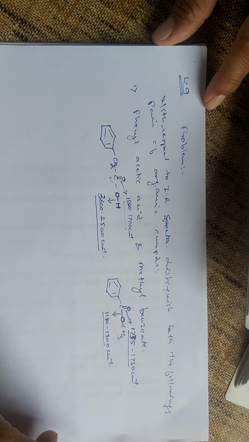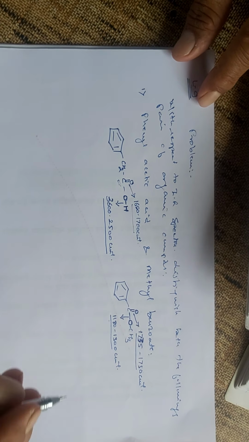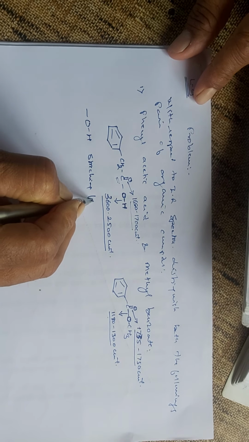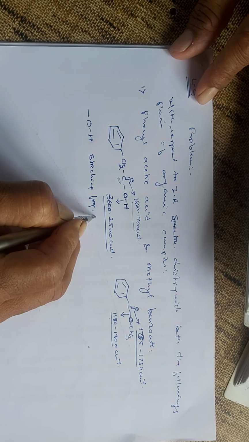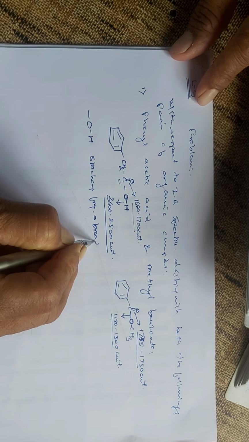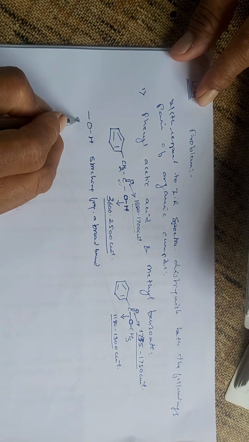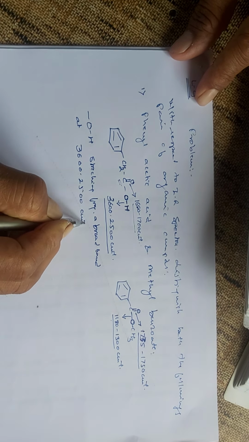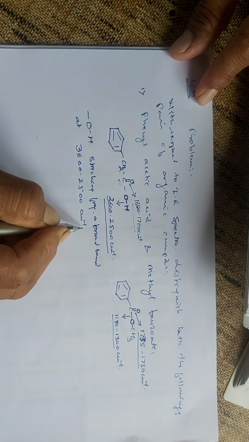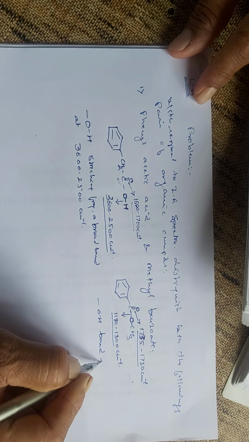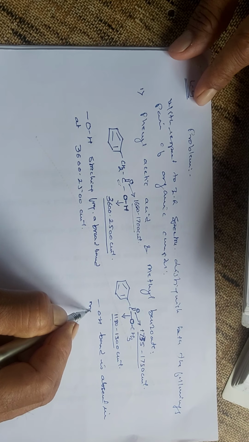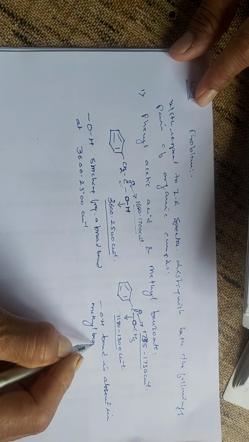So in this way, we must be able to explain the different absorption frequencies. The OH stretching frequency is a broad band at 3600 to 2500 reciprocal centimeter, where the OH band is absent in methyl benzoate.